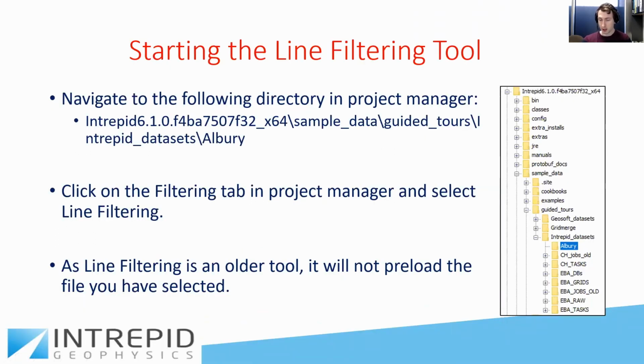So for this particular example, if you want to follow along as well, you can open the following directory in Intrepid. Go to the Intrepid installation directory, then sample data, and guided tours, Intrepid datasets in the Albury directory here.